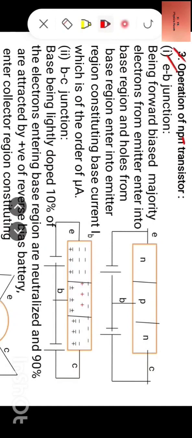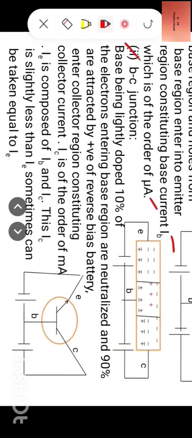Emitter base junction being forward biased, majority electrons from emitter enter into base region and holes from base region enter into emitter region, constituting base current IB, which is of the order of microamperes.